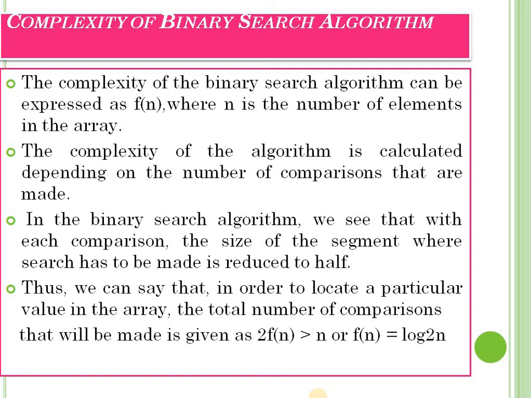Thus, we can say that in order to locate a particular value in the array, the total number of comparisons is given as 2^f(n) greater than n, or f(n) equals log n to the base 2. Okay, this is linear search and binary search.